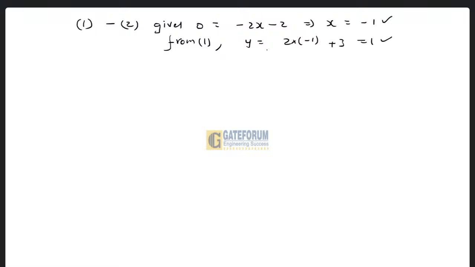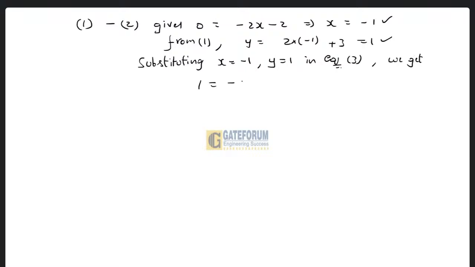Let us see whether this satisfies the third equation or not. Substituting x is equal to minus 1, y is equal to 1 in equation 3, we get 1 is equal to 6 into minus 1 plus 2, which implies 1 is equal to minus 4.